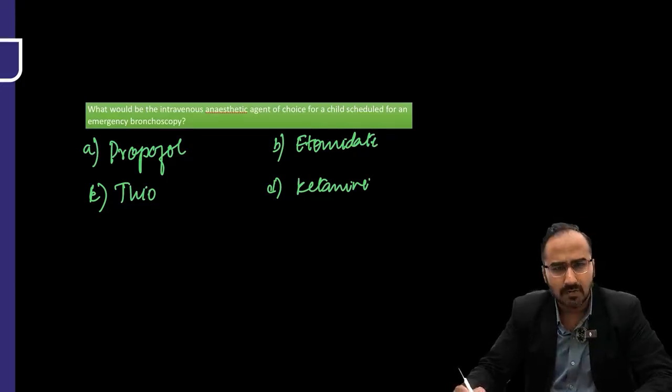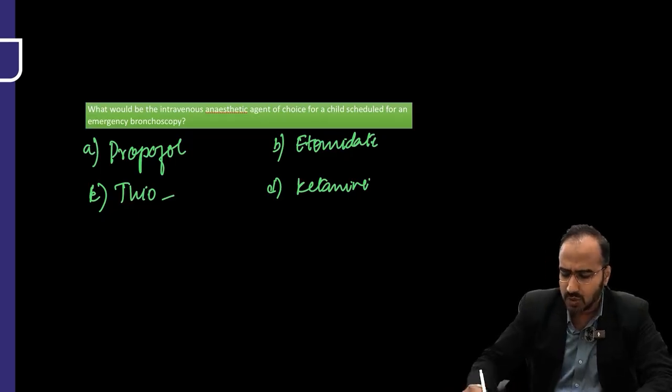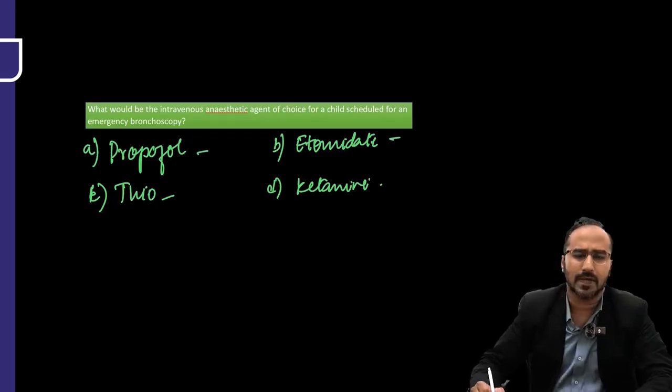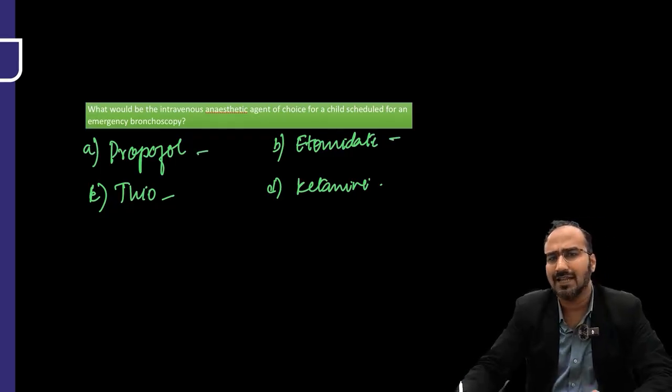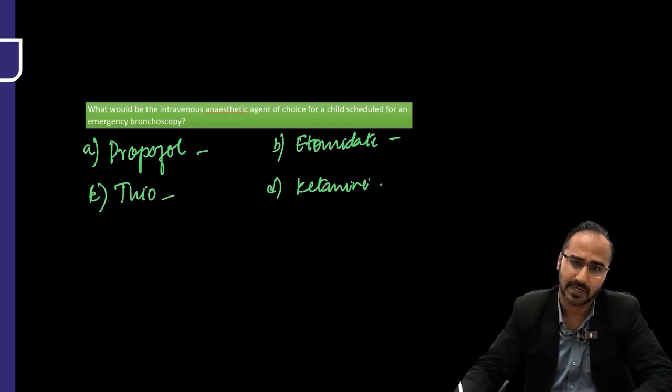Emergency bronchoscopy means the patient might not be in an NBM status. They are just going for an emergency bronchoscopy, might be due to any other condition. Okay. So if at all you give thiopentone or propofol or etomidate to the patient, all will basically blunt the protective airway reflexes. One way or the other, they are blunting the reflexes, and the patient will be at risk of aspiration.